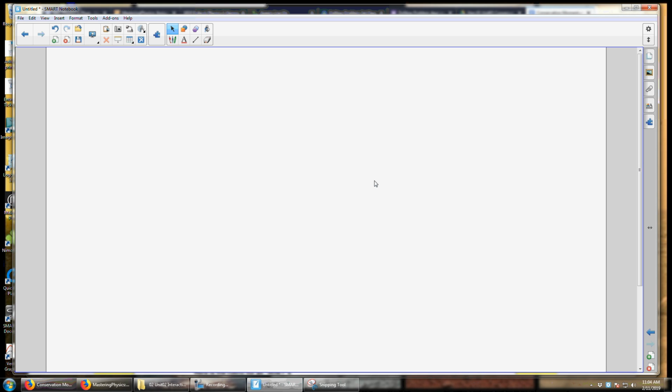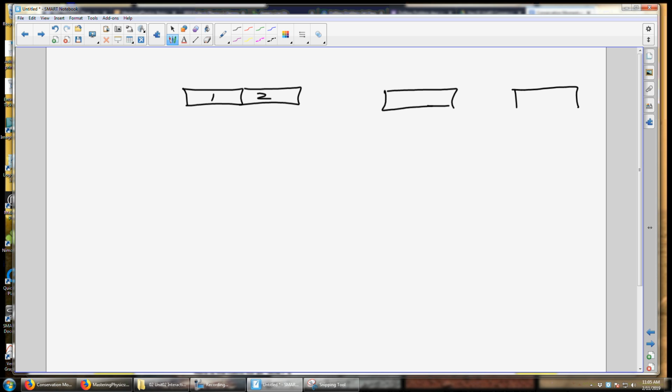Oh boy, I gotta draw canoes now. Alright. There are my canoes. I know they're fancy. Oops.